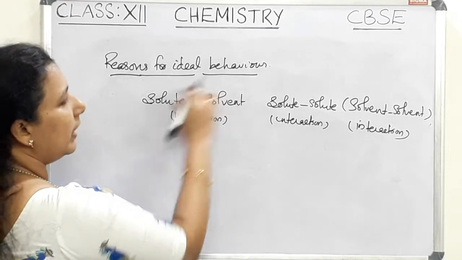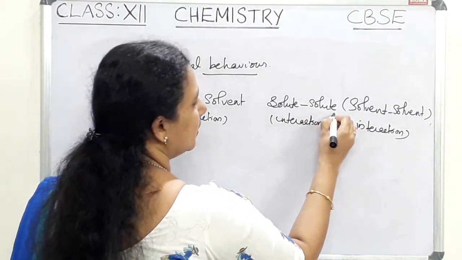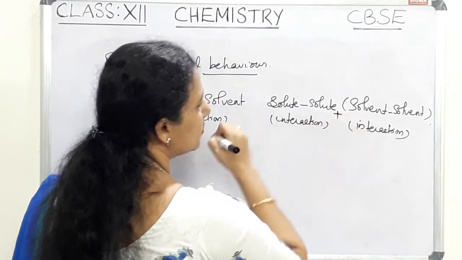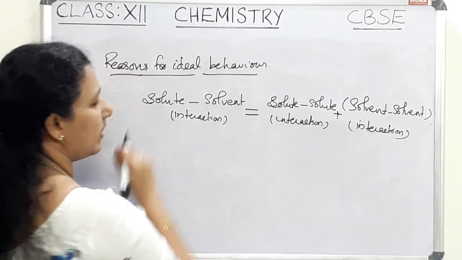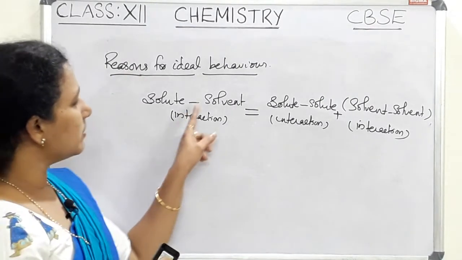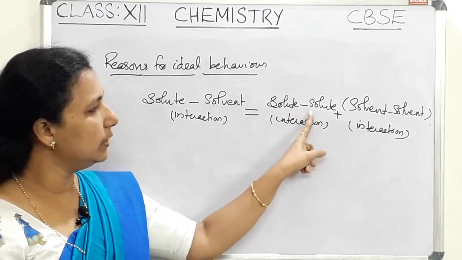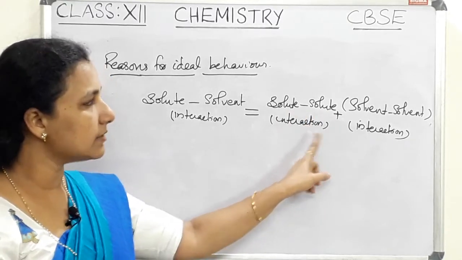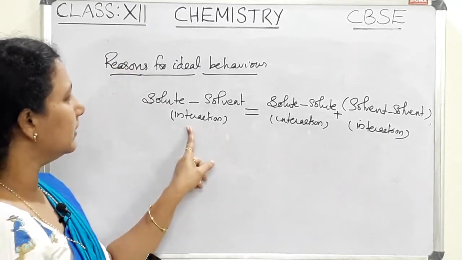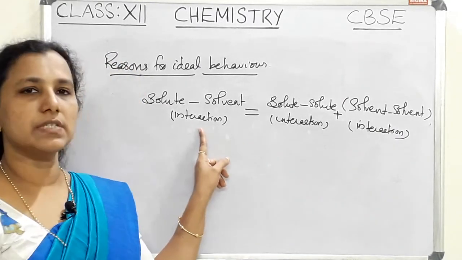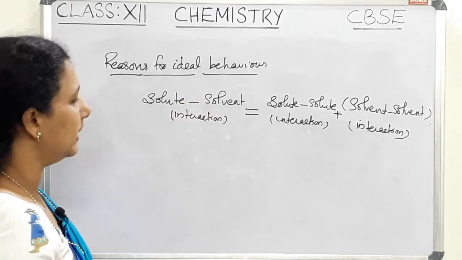In the case of an ideal solution, if we add these two interactions, we will get nearly equal to this interaction. That means solute-solvent interaction is nearly equal to the solute-solute interaction and solvent-solvent interaction. So that is the reason for ideal behavior.